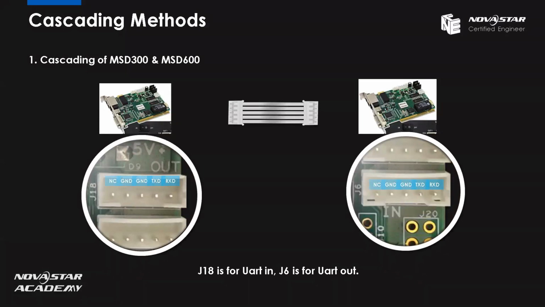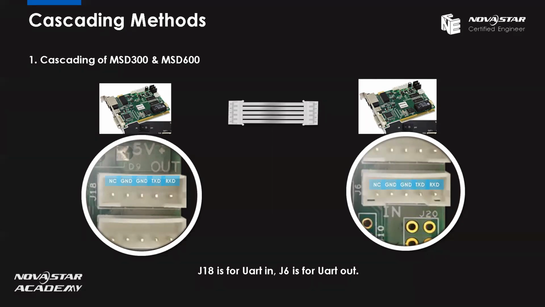From the picture, you can see that on the left part, that is J18, and there is an out icon. It means that this is the UART out, so it's a cascading out. And the other one is J6, there is an in, so it is a cascading in.